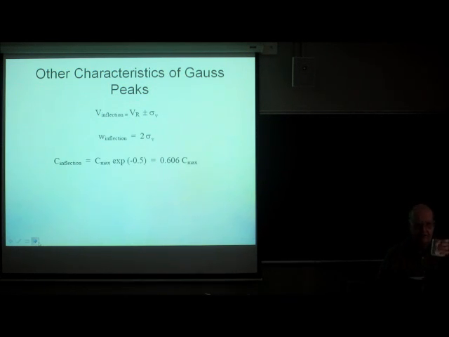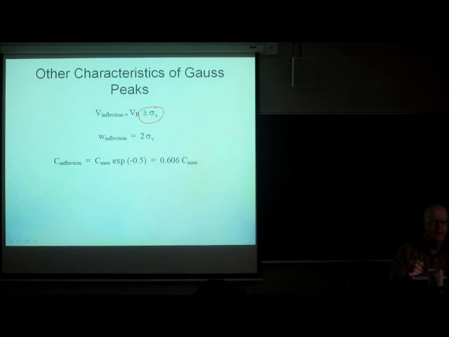So let me summarize a few of the things I've said already. There's an inflection point, 1 sigma unit on either side of the peak maximum, which means that the width of the chromatogram inflection point to inflection point is 2 sigmas.